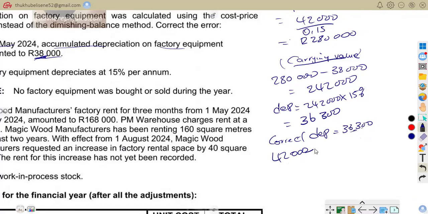So we're going to say 42,000 minus 36,300, and then we are going to get minus 5,700. So this is how we calculate the factory depreciation on equipment.